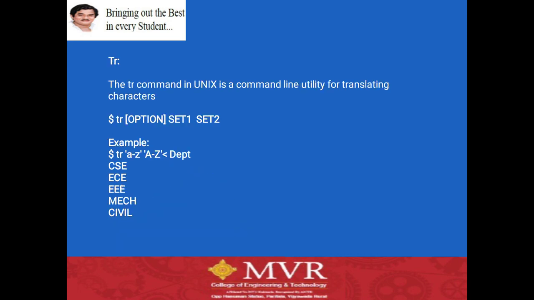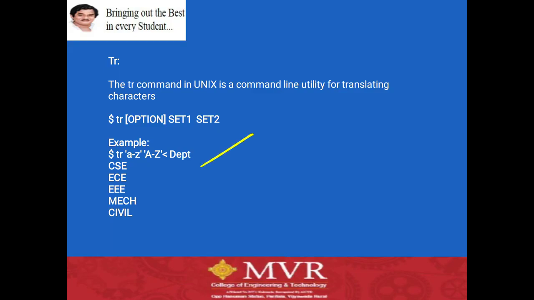Then the tr command. tr stands for translate. As in MS Word we have an option to convert the given lowercase to uppercase, and similarly uppercase to lowercase by a simple click, here also in Unix there is a command known as tr, that is nothing but the translate command. It can be used to convert any given lowercase to uppercase or any uppercase to lowercase.